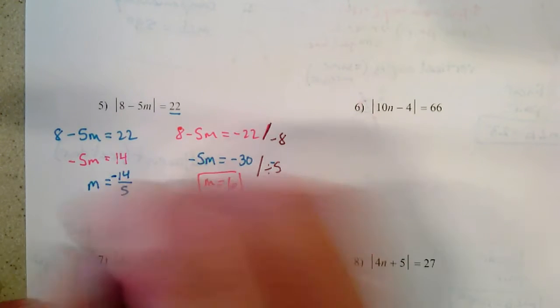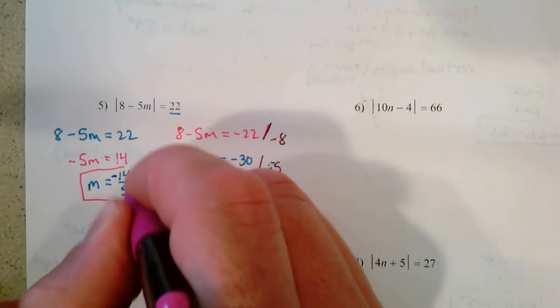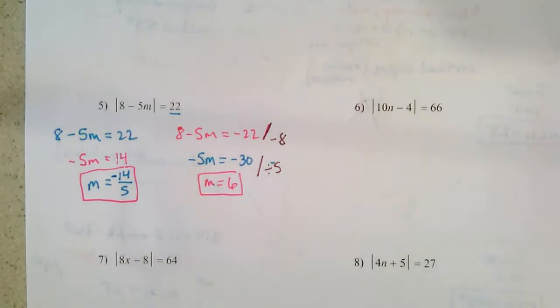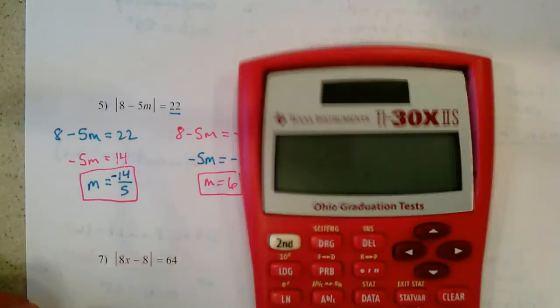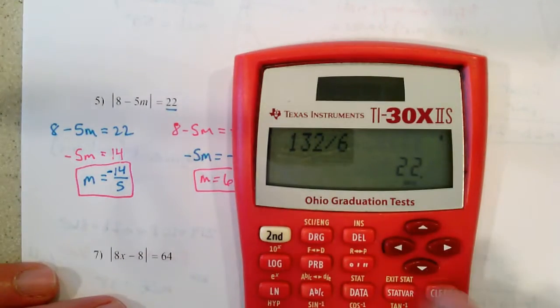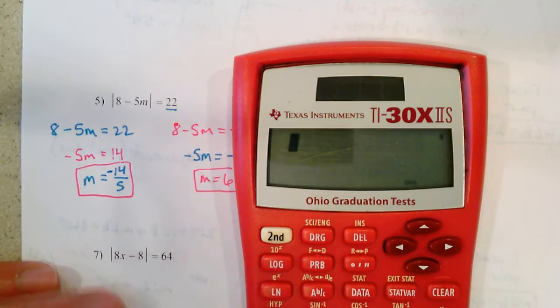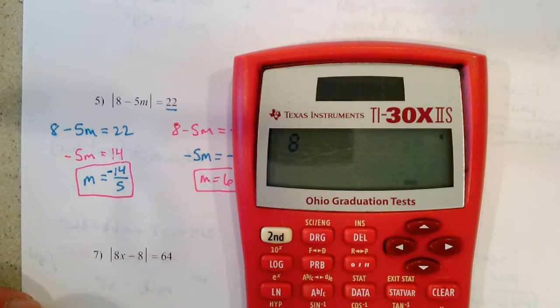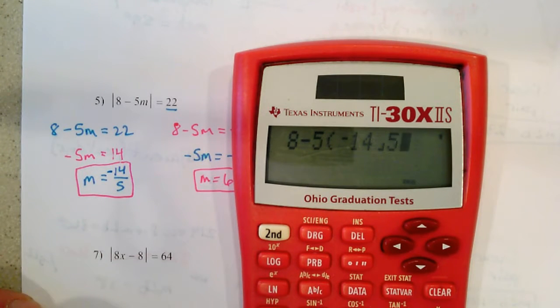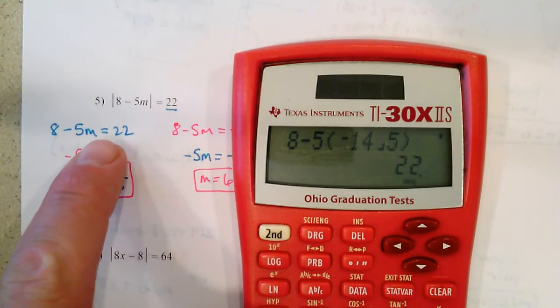So it turns out there are two possible answers here. Let's go check them both. I'm going to use the handy-dandy calculator. We're going to go 8 minus 5 times negative 14 over 5, and that gives 22. So it works on that equation.